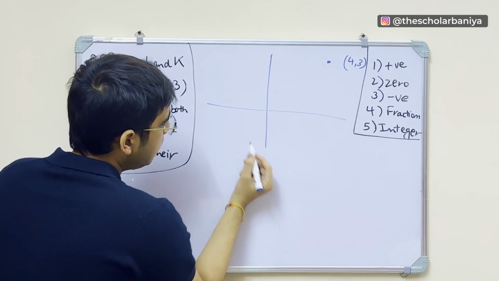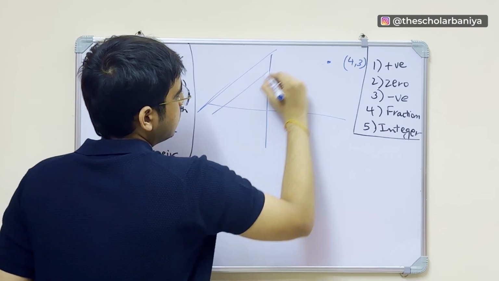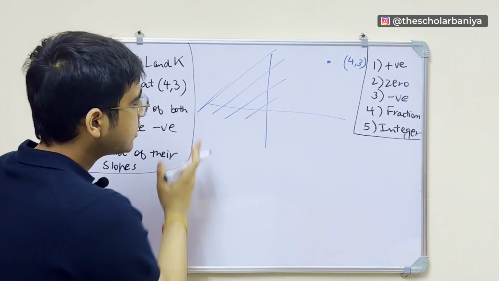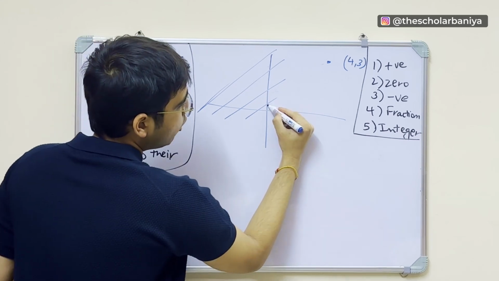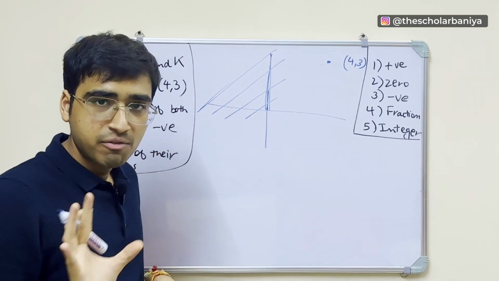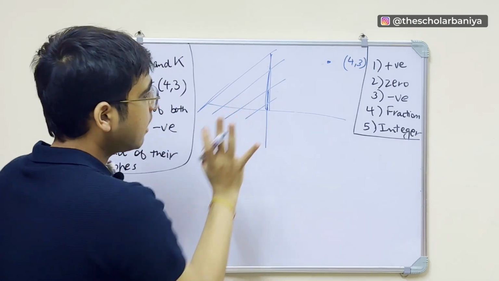That means the line will not be something like this. This is not possible. Why? Because in these cases, if you see, all the y-intercepts are positive, but we want the y-intercept to be negative. So these are not possible.